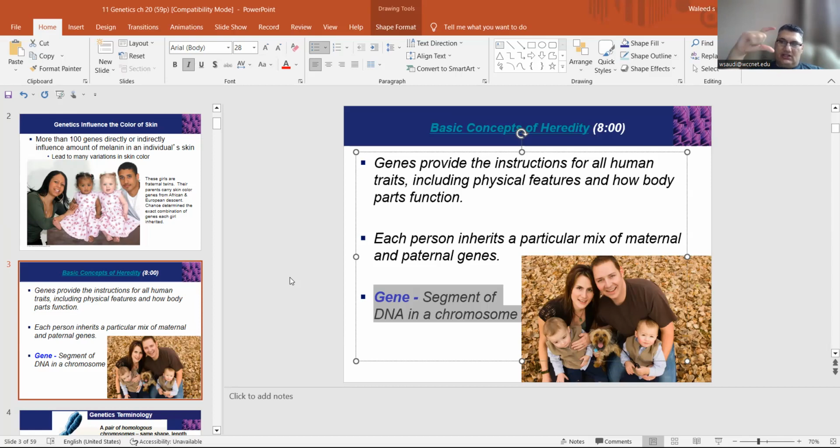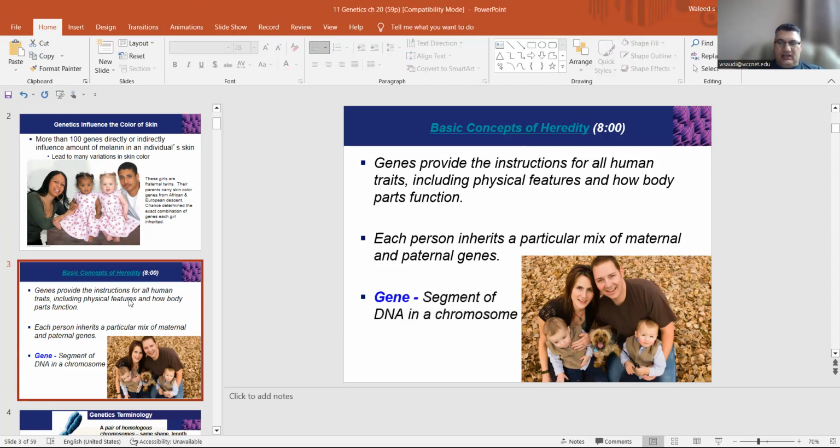This is a gene. It's part of the DNA. DNA wrapped around protein, we call it chromosome or chromatin, depending on whether it is in a regular part of the life cycle, or during cell division.